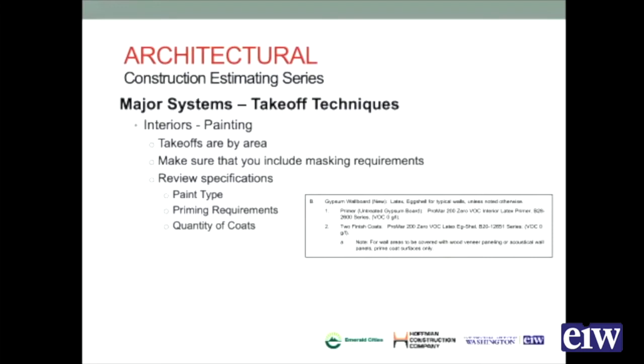Is it a semi-gloss? And where do those paints go, and what areas do you need to make sure you paint? Because the same paint, it might be P2, but you might have three different types of P2, because one may be semi-gloss, one may be eggshell, one may be matte. It could be a flat finish in certain areas.